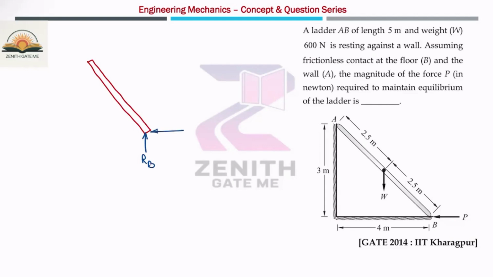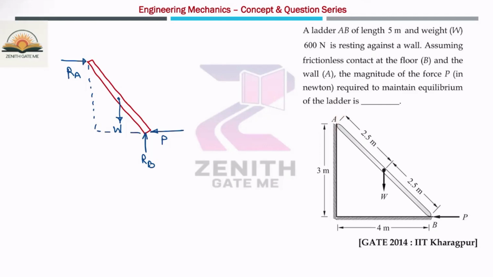This is the P force which is acting, and the W weight of the body will be downward. One more reaction will act, RA. And it is given that there is no friction acting on both the surfaces. That means the friction value will be 0. If the friction is given, then you have to consider it. Okay. So this is the free body diagram of this ladder.